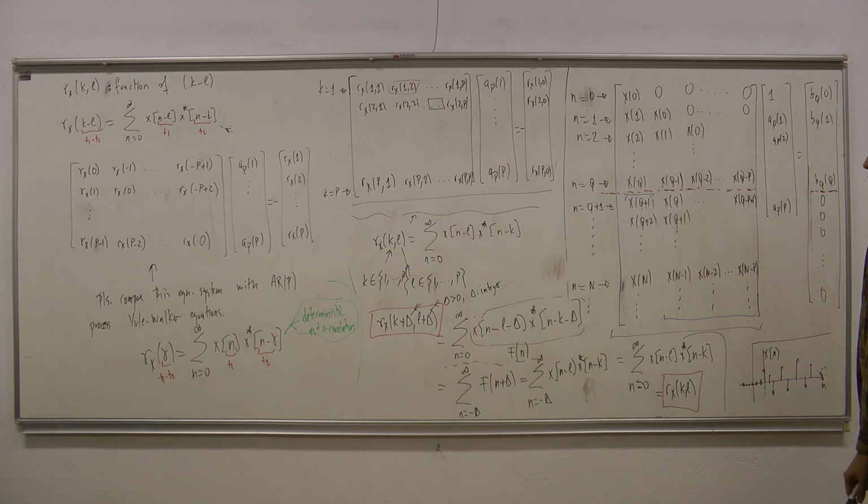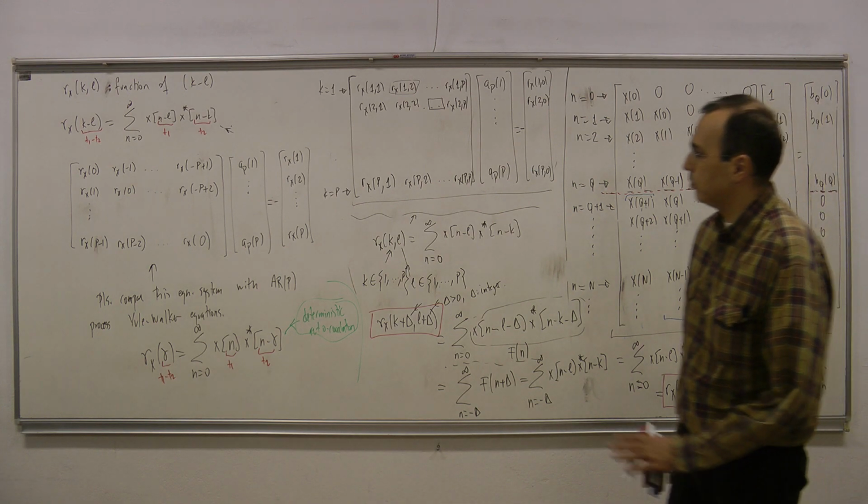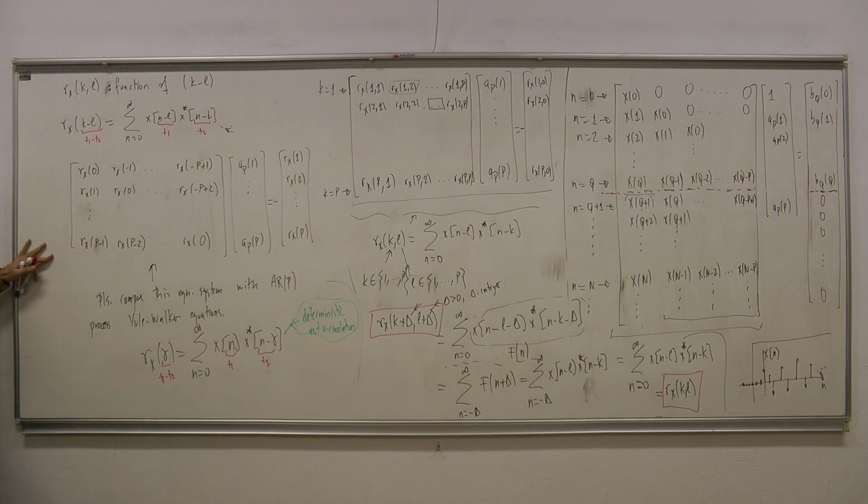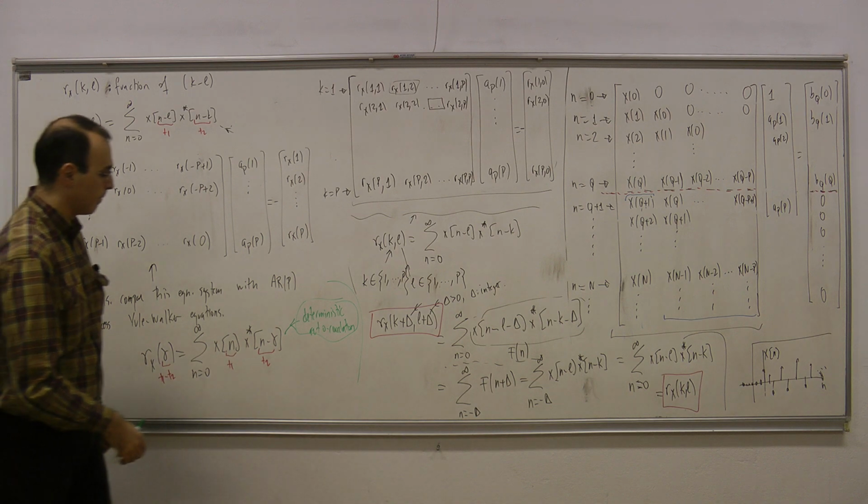What is important for our purposes is just the solution of this. But in practice, assume that you are doing stochastic modeling. Nobody in practice is giving you the autocorrelation of a random process. The autocorrelation sequence is not provided in general, so you estimate it.